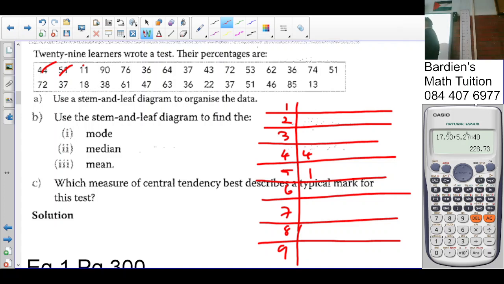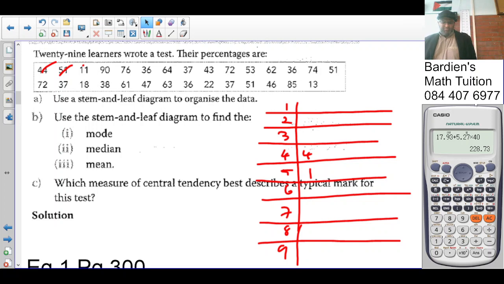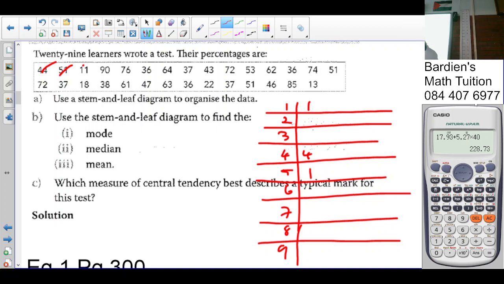So complete the stem and leaf diagram very quickly. I'm going to pause the video at this point. Can you all see the numbers on top? Right. So at this point the next number is going to be 1, no? Then 90, then 76, then 36, then 64, then 37.